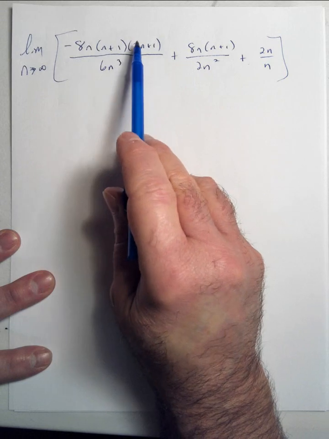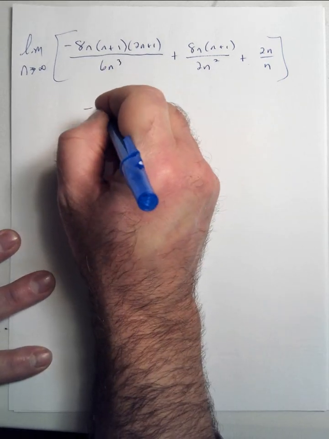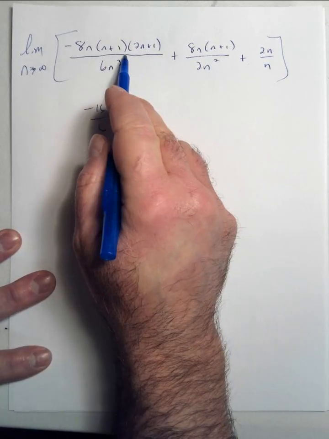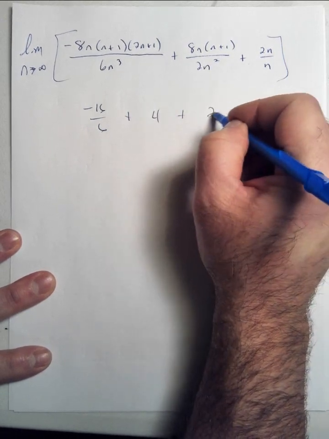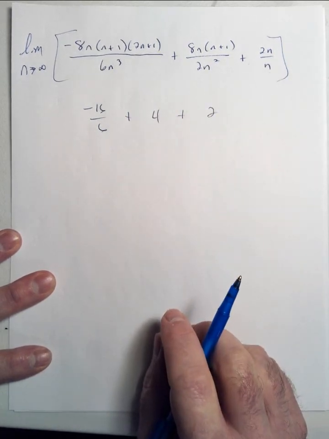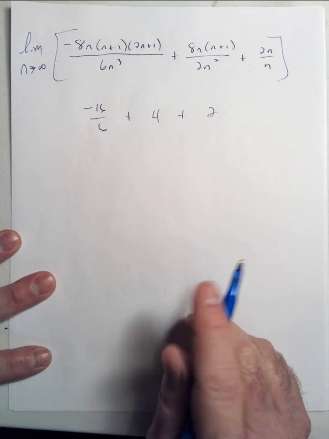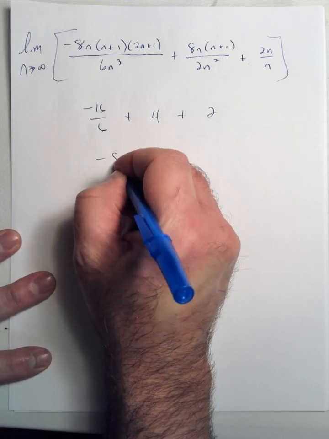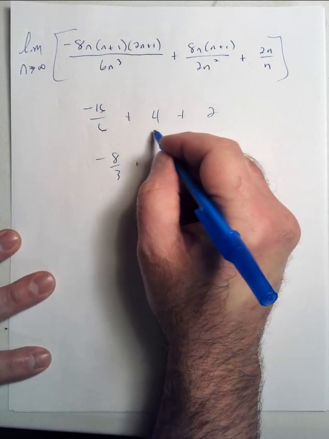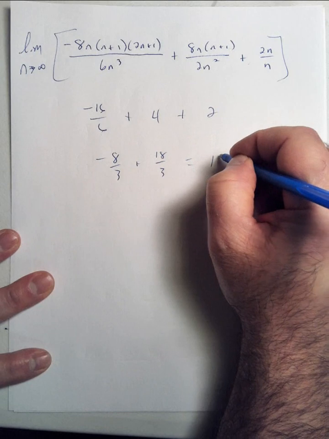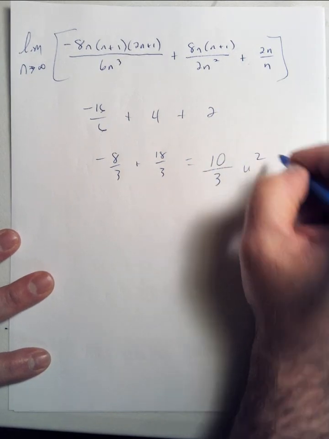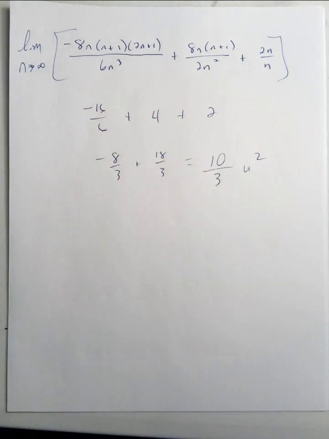So I've got negative 8 times 2 is 16, so I got negative 16 over 6 is the limit here. Here we have 4 and 2. So this becomes a negative 8 thirds plus 6, which is 18 thirds, or 10 thirds. So what does 10 thirds represent?